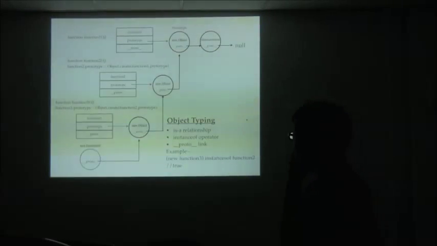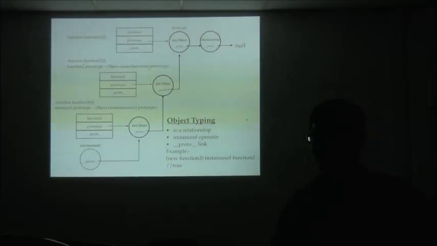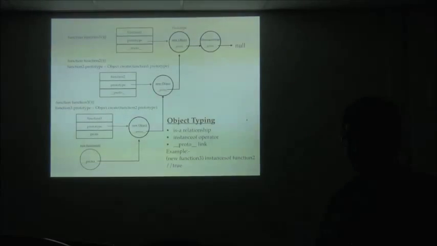Alright, now I want to just touch a bit on what object typing is. Now we don't have classes, right? But we have functions in this prototypal model. You would think, JavaScript being a typeless language, that there's no object typing, but that's not true, because according to this diagram, we actually see a hierarchy, and we do have super functions and functions, and we actually have a function hierarchy, right?